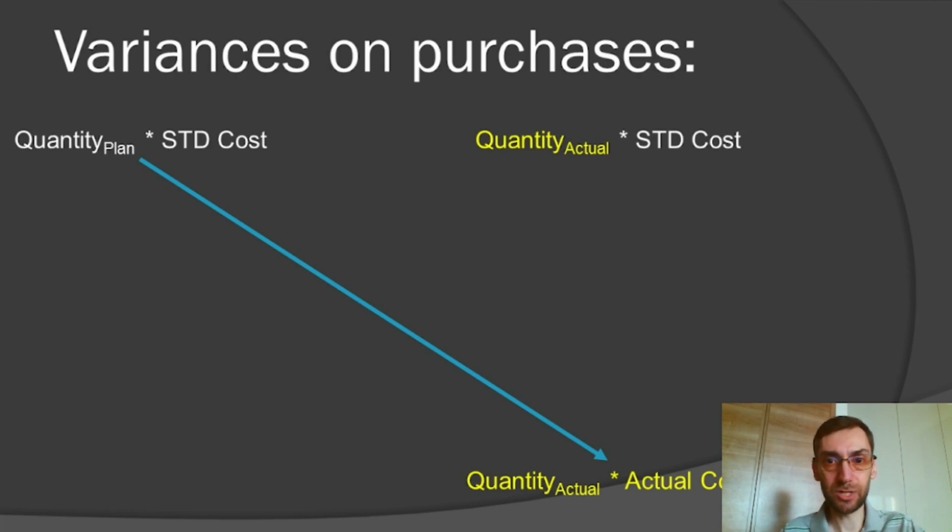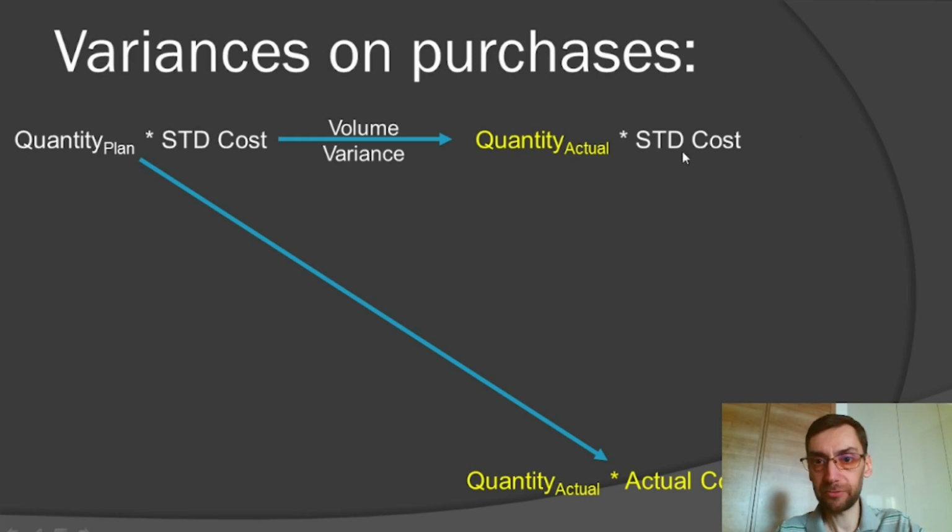One step is you will just have one of the parameters change. So first you will say, okay, I plan to buy some quantity, but in reality, I buy more or less than I plan, and you keep the standard cost. This difference, from this to this, is what we call the volume variance. It is the fact that you purchase more or less quantity.